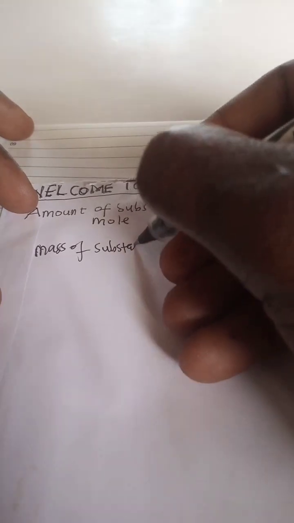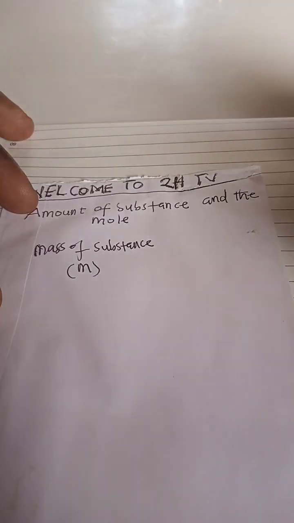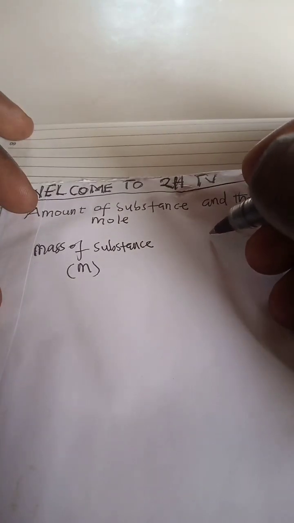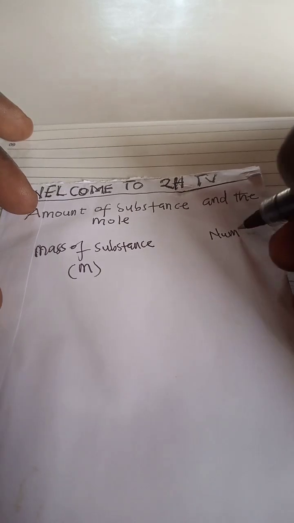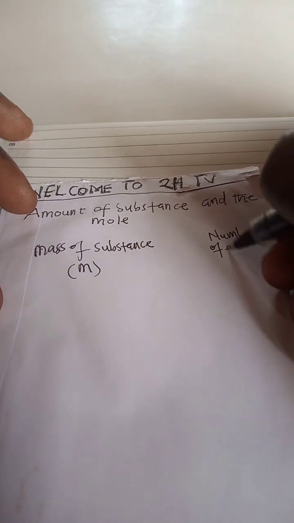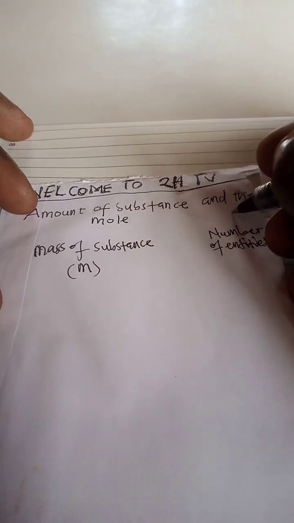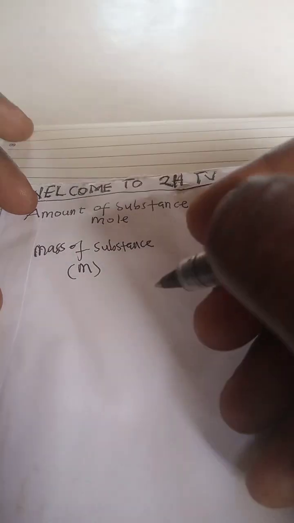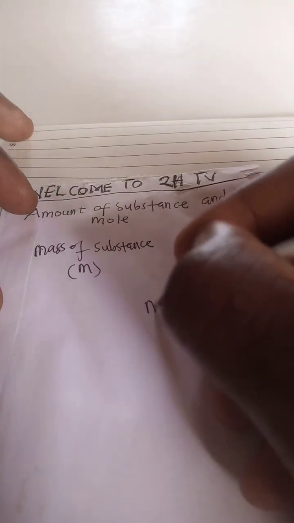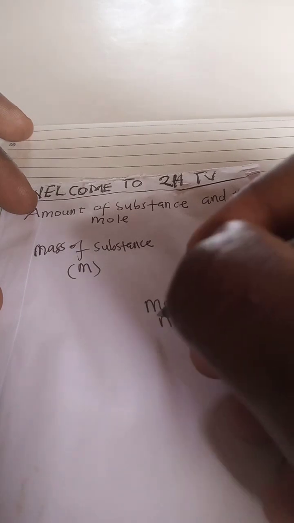So this is how it looks. Here should be your mass of substance, that is my M, right? Then I should represent here with number of entities, that is capital N. Then here is mole of substance, small n.